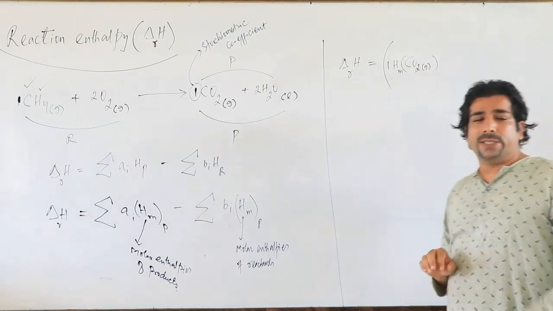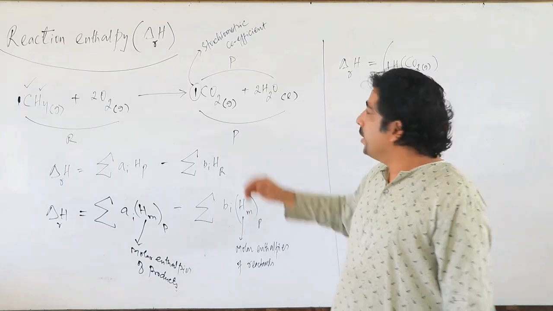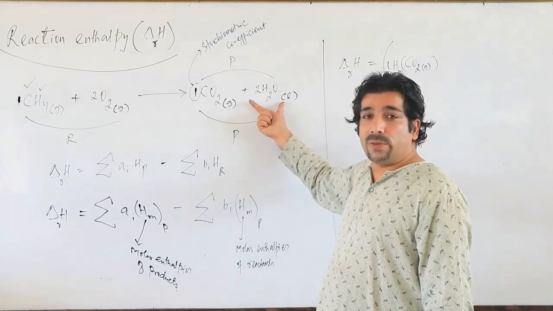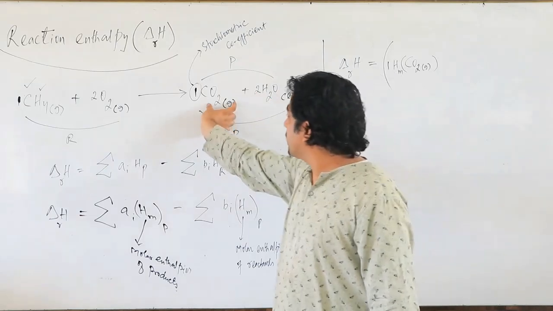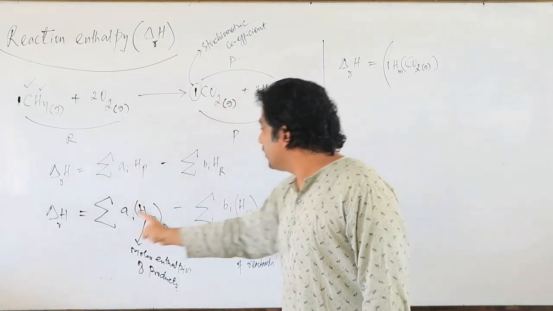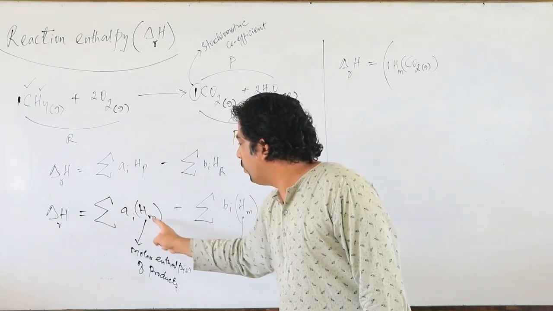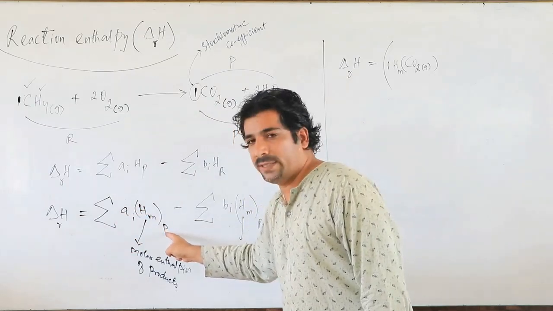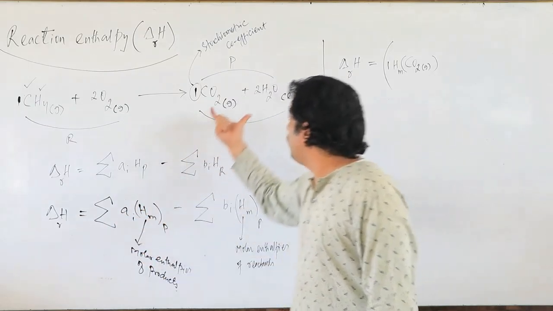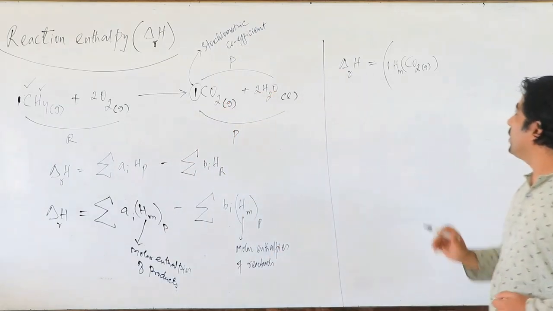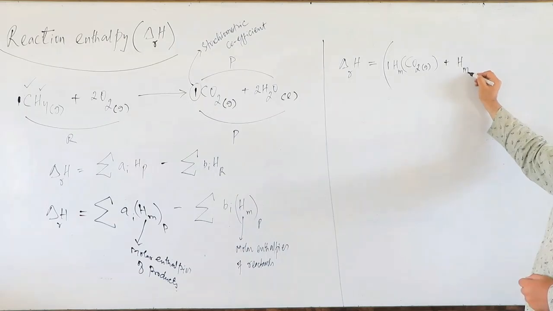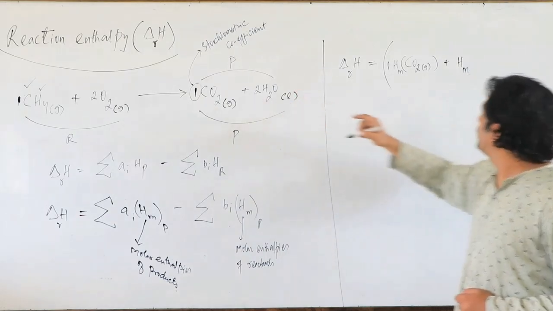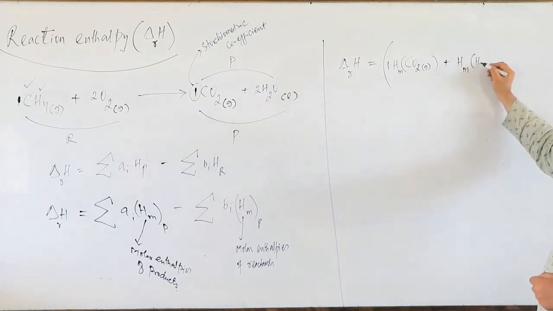But do you think there is only one product? No. There is another product also. Who is that? Water. So I have to take the sum of these two, because my formula is the sum of the molar enthalpies of products. So I will write down the molar enthalpy of water, which is liquid.